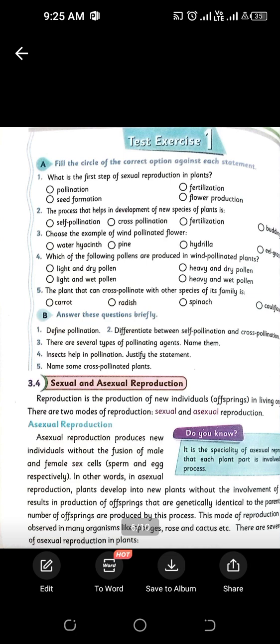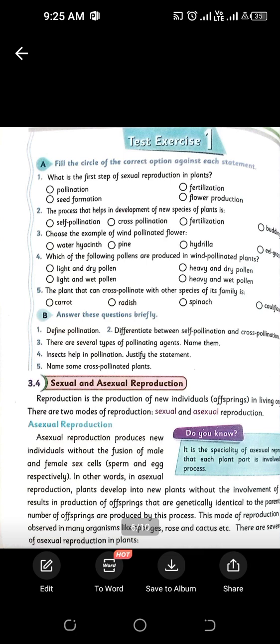When reaching the ovary, the anther and ovary get fused, right? Anther and ovary get fused and form a complex structure known as zygote. That formation of zygote is known as fertilization, right?